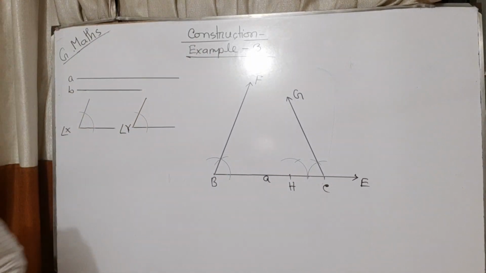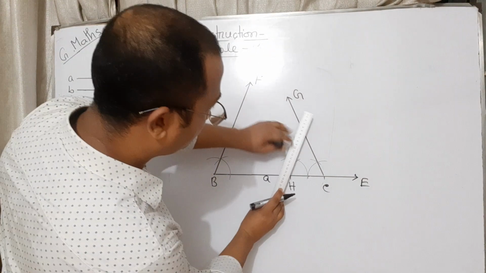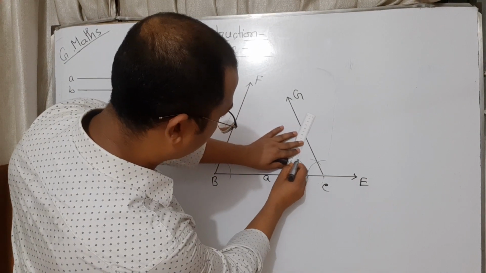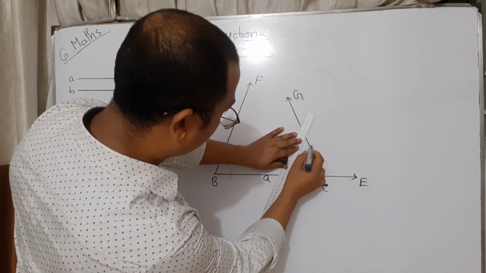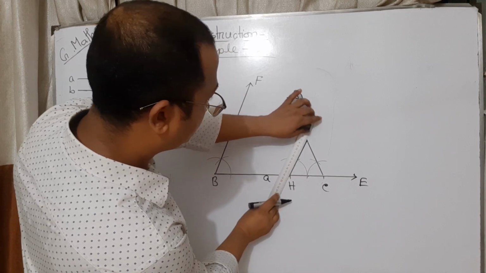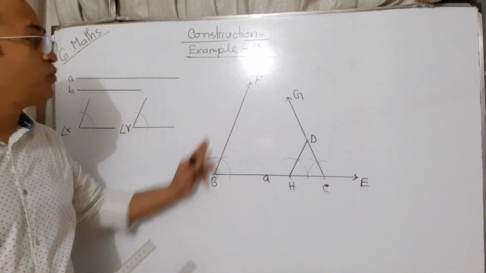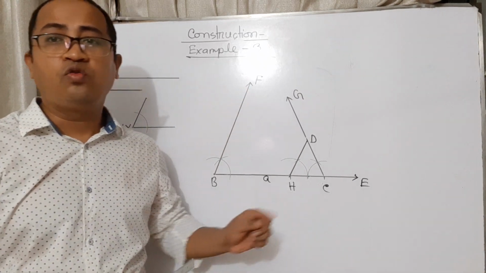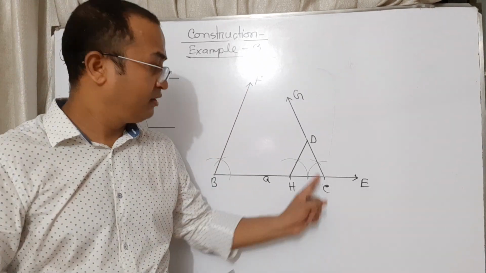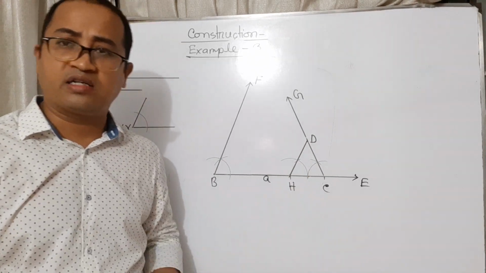Now join this. This is edge HD. HD is parallel to BA. Now we got the height. D is another vertex of the trapezium.